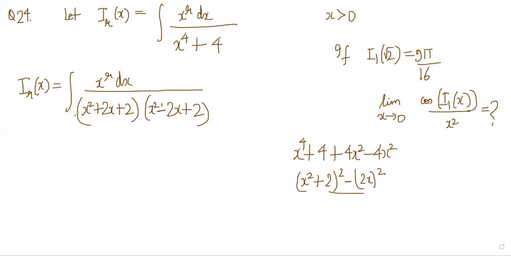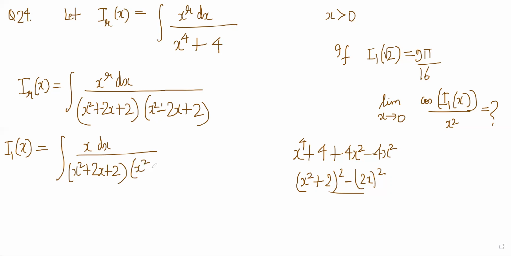So if I have this expression here, I know that I can write the top part. If I have to have, say, I1 of x, then the top part will be basically x power 1, so x dx by this thing, correct? x squared minus 2x plus 2, right?